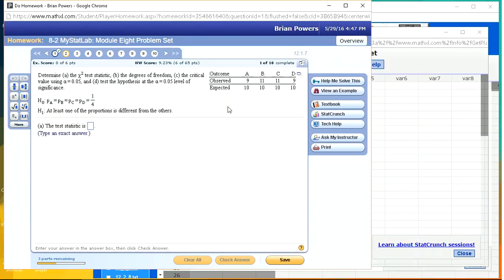So let's do a goodness of fit test for this. Here we have 4 outcomes A, B, C, and D, and this is how many times they occurred, and how many times we would have expected them to occur, 10, 10, 10, 10.